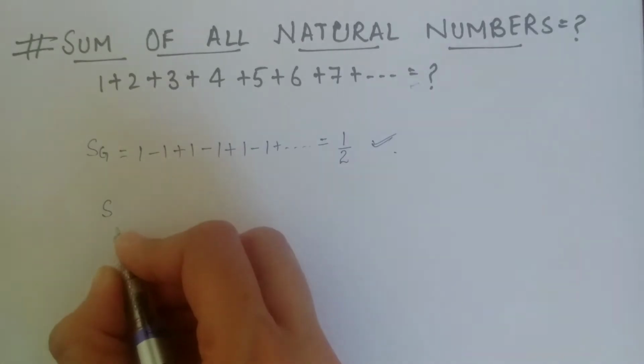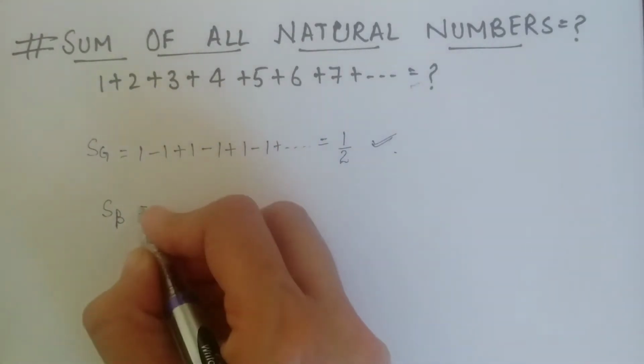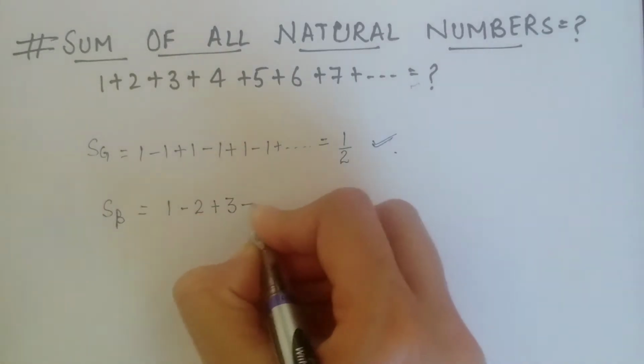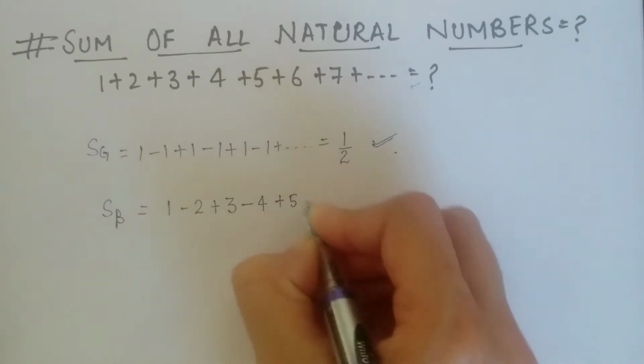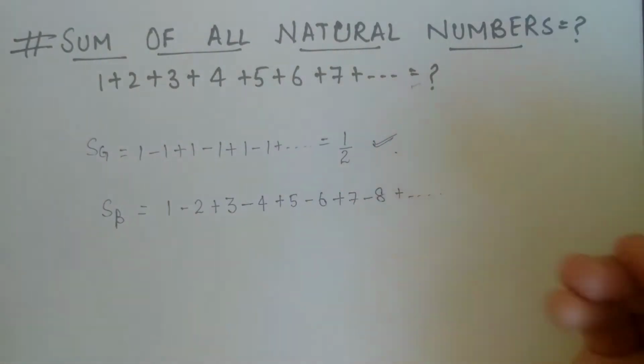I'm considering another series which will be taken as S beta, and it will go as 1 minus 2 plus 3 minus 4 plus 5 minus 6 plus 7 and so on.